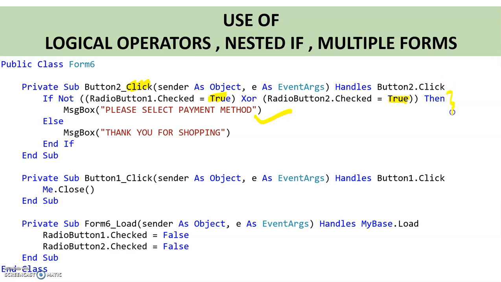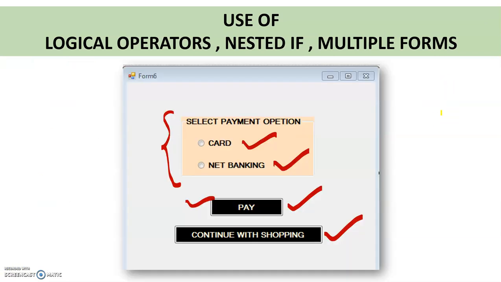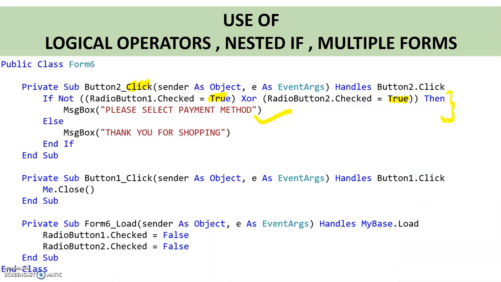This is the case where the user has not selected any of the options and directly clicks on the pay button. So we need to check that either this or this, one of them should be selected. But if both are not selected, meaning this is not true Xor this is also not true, in that case we will give the message box please select the payment method, else simply thank you for the shopping.